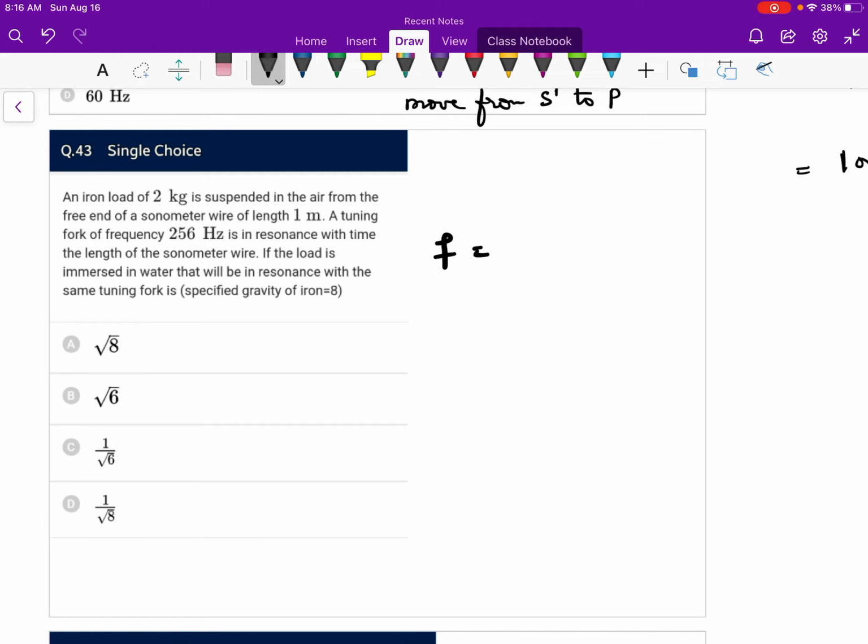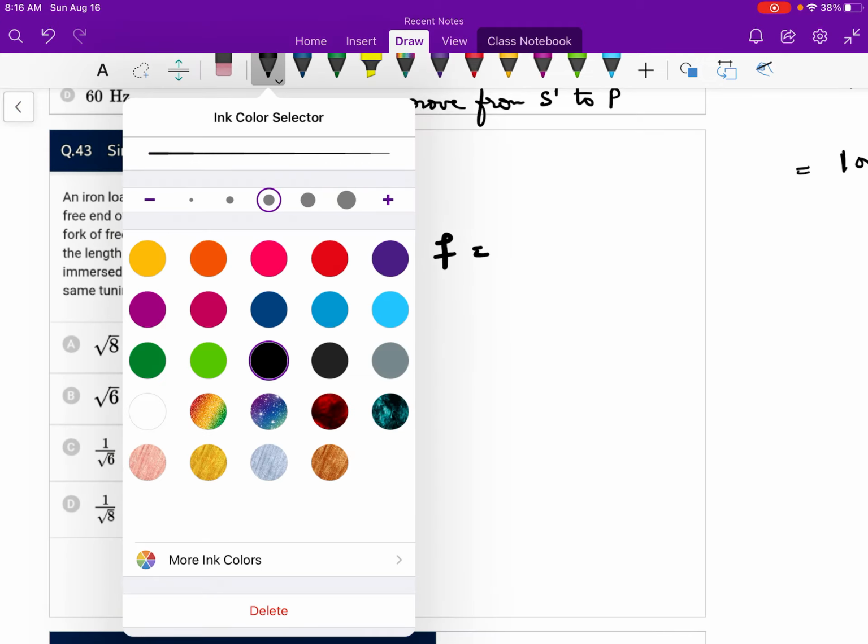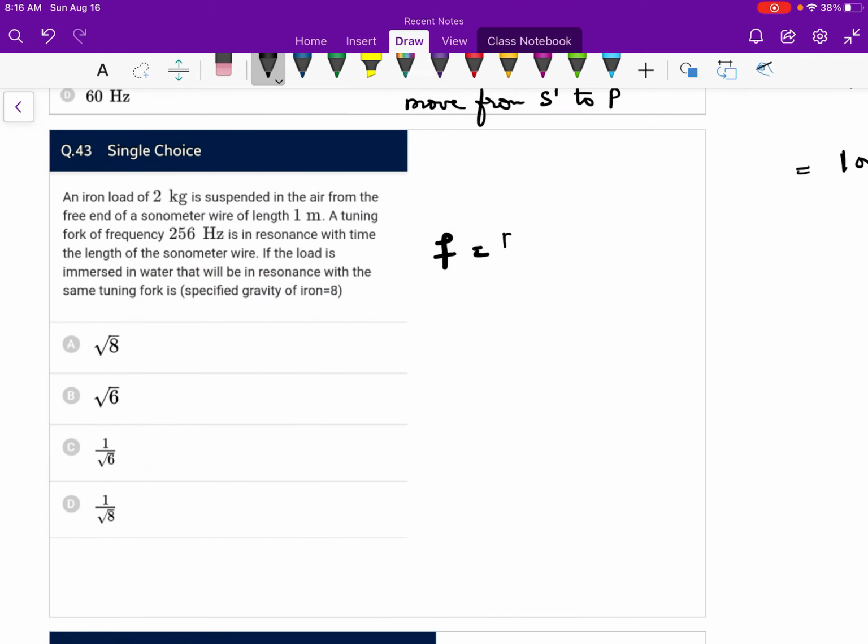So F is NV by 2L, so that is N root of F by mu upon 2L.